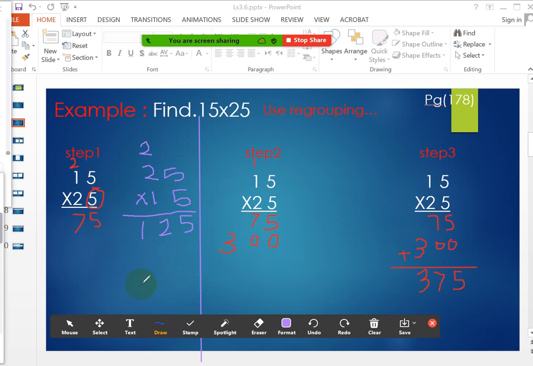So the first step for 25 multiply 15 will be 125. Now the second step, it will be what? Let's see. The second step for 25 multiply 15.